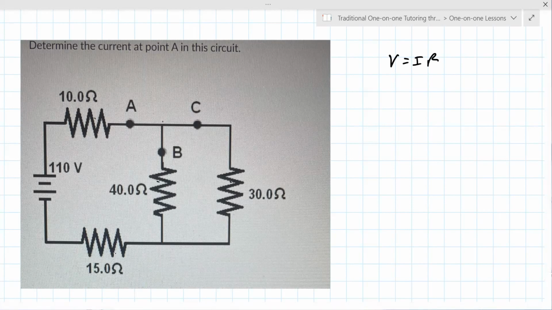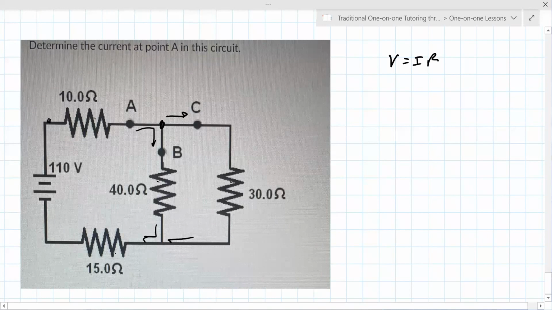So let me make another point here. We're talking about the current in A, it branches to B and C, and then they come back together down here. So the current at A is actually the same as over here, because the current's constant in the circuit.